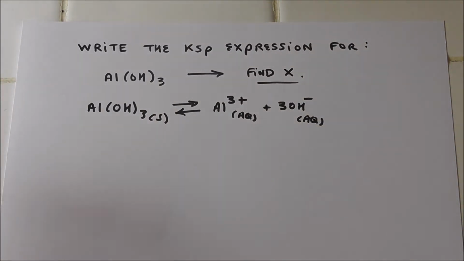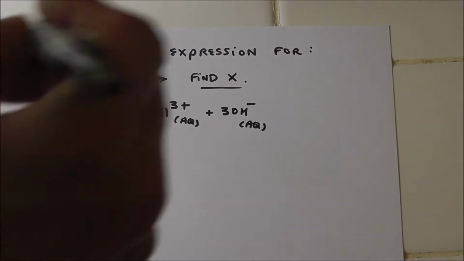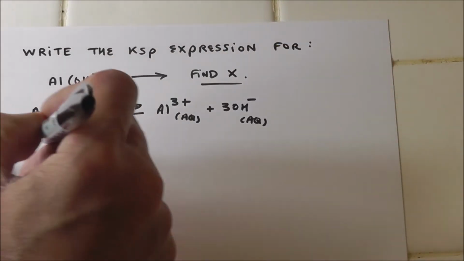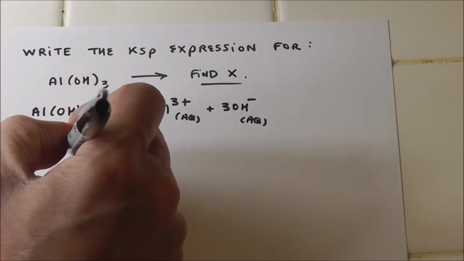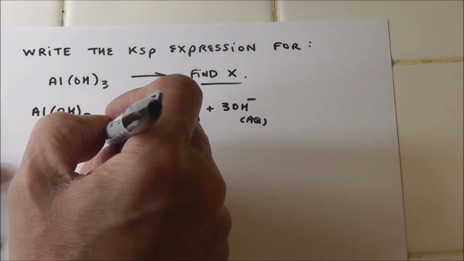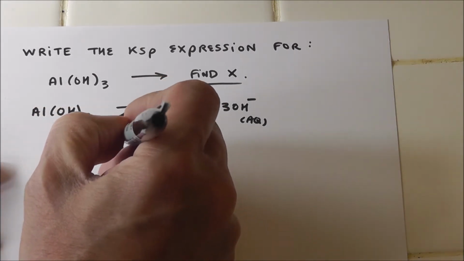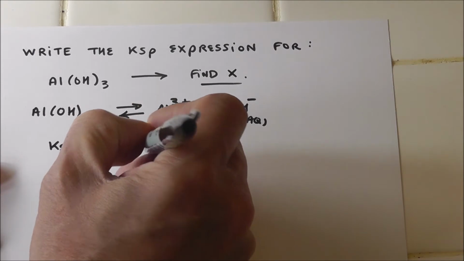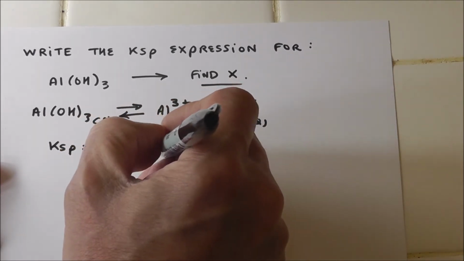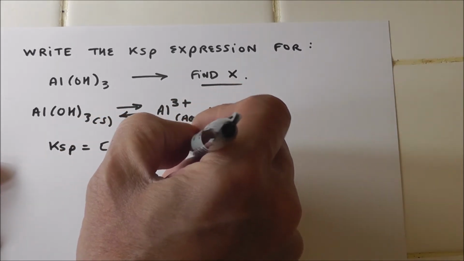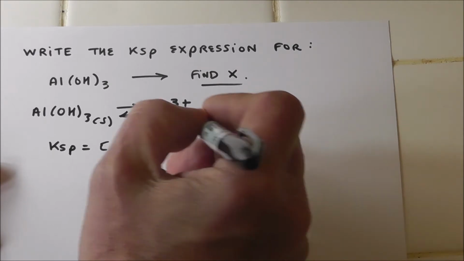KSP is products over reactants. But there are no reactants in the expression because the reactants are solids. So this is going to be aluminum ion times OH minus cubed.